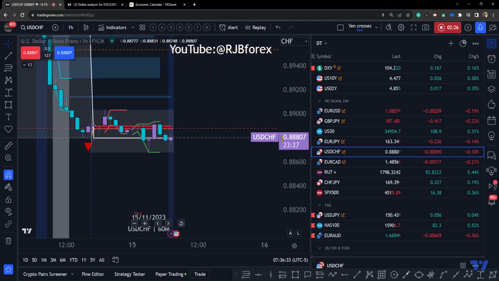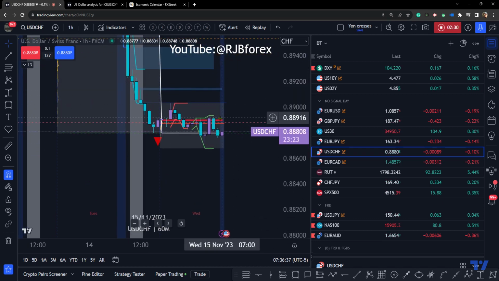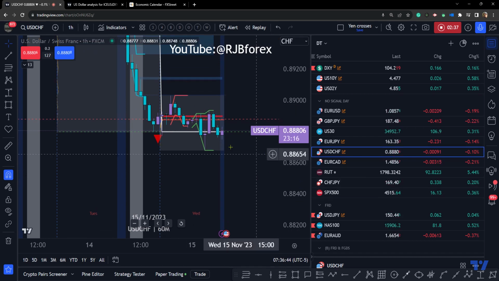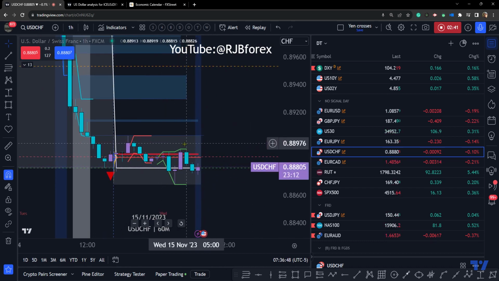So we are good to go with this, and we'll be looking for a continuation trade well below the closing price. Or if the dollar were to bounce back, then we'll be looking to see if we can catch a move to the upside.